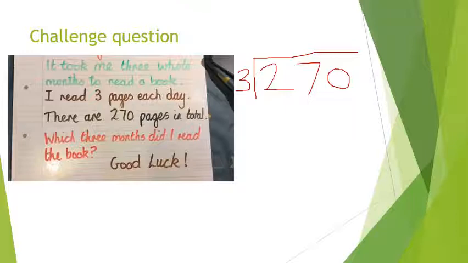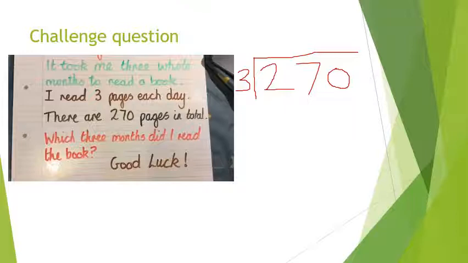So if I use my long division method, my chunking method, I'm going to look for a number that I can multiply by 3. Now here I could do 30, but it would take me a little bit of time to work that out. So instead I'm going to choose a bigger multiple that's going to make it ever so slightly easier, and the way I'm going to do this is to count in my 3 times tables.